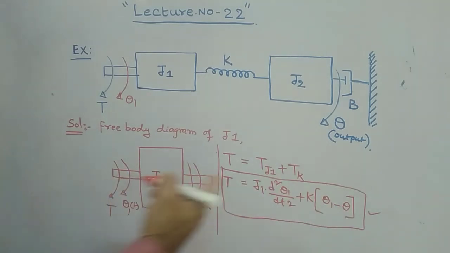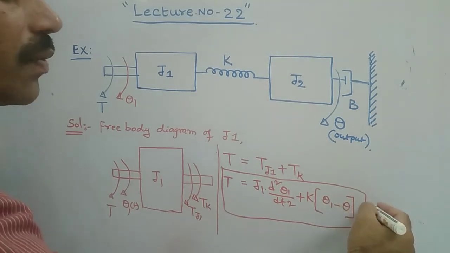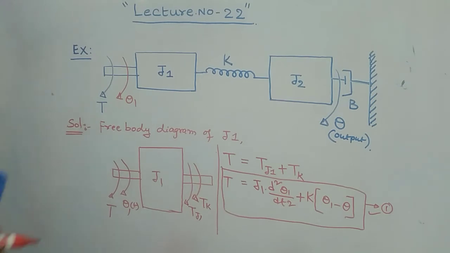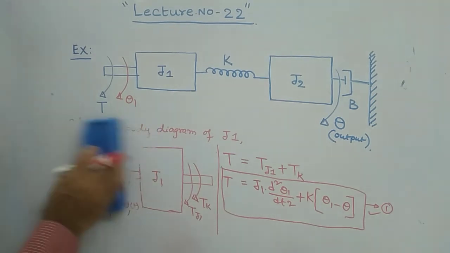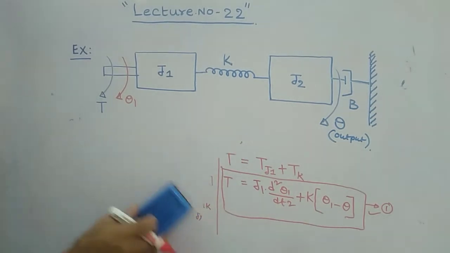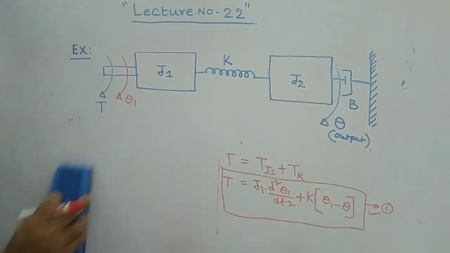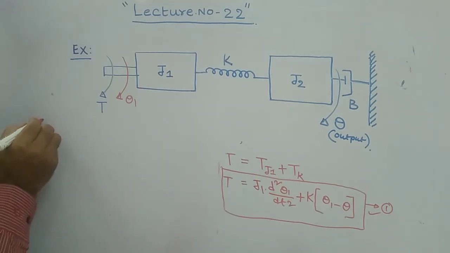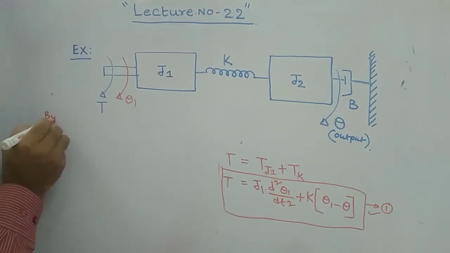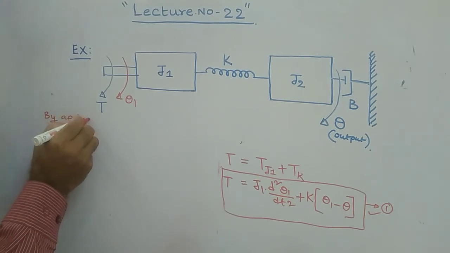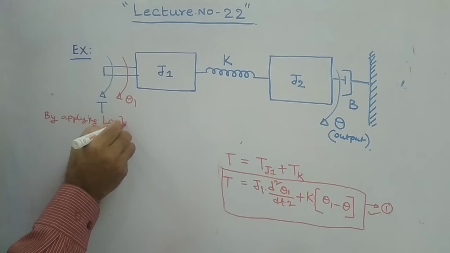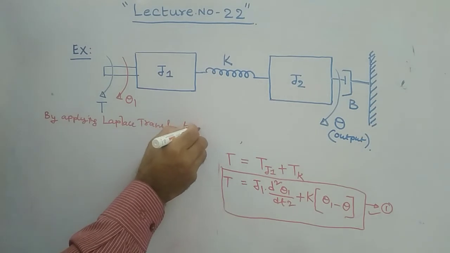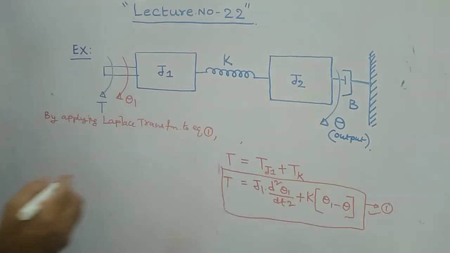You can call it equation number 1, no problem. For this, you need to apply the Laplace transformation. So by applying the Laplace transformation to equation 1, how does it become?